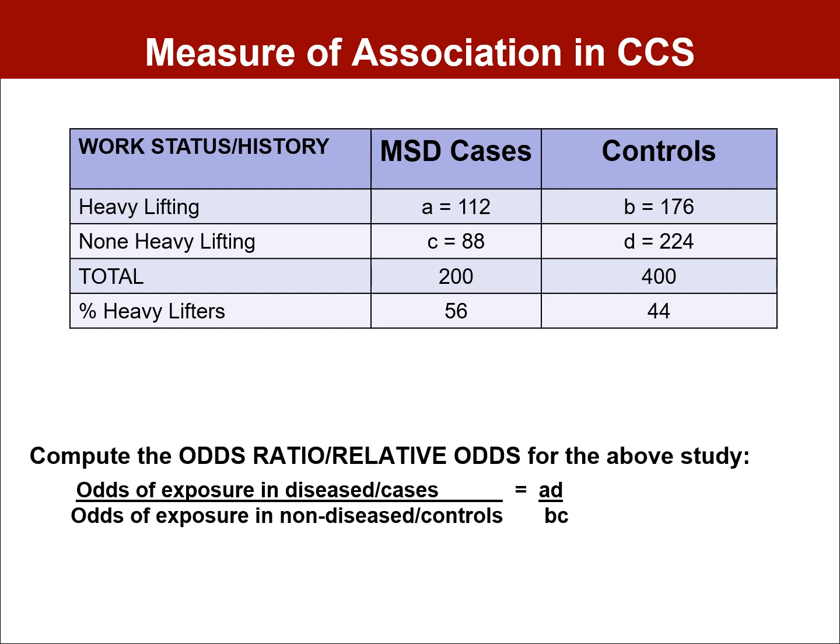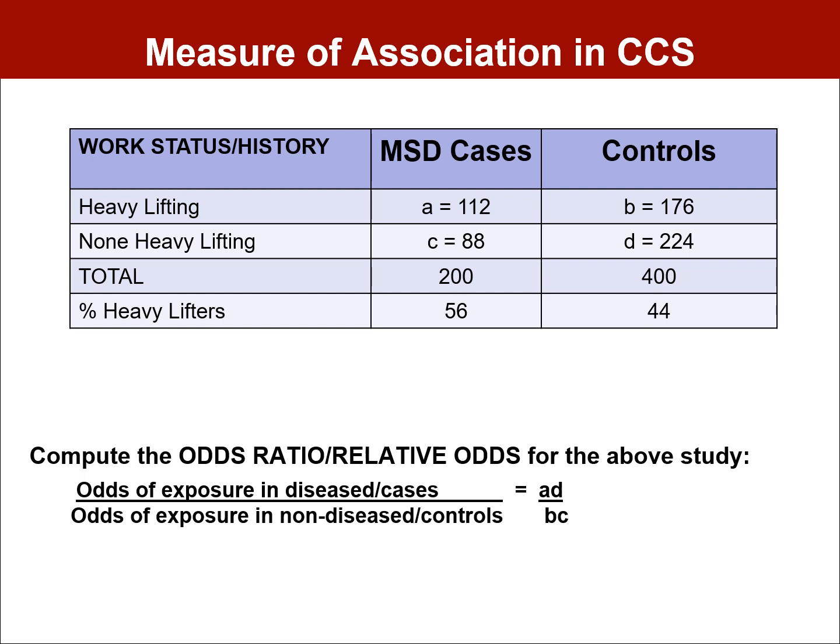Your B is always the exposed that do not have the outcome of interest. The C is always the non-exposed that have the outcome of interest. And the D would always be those that do not have the exposure and do not have the outcome of interest.